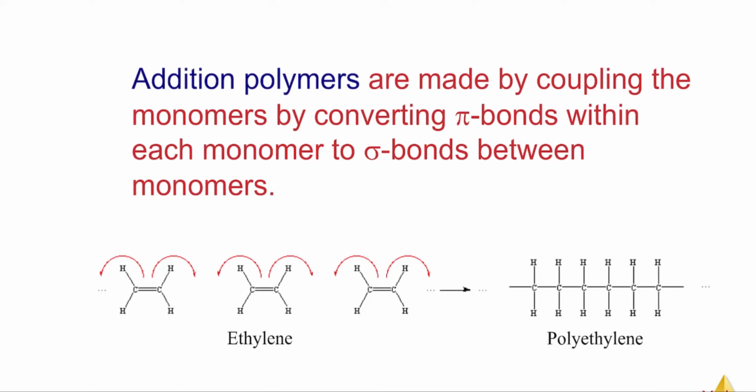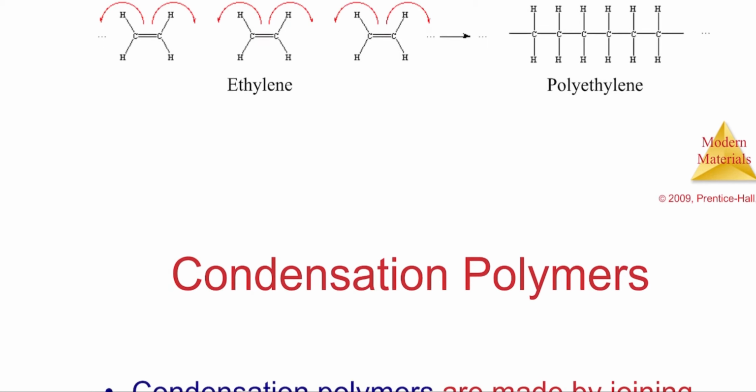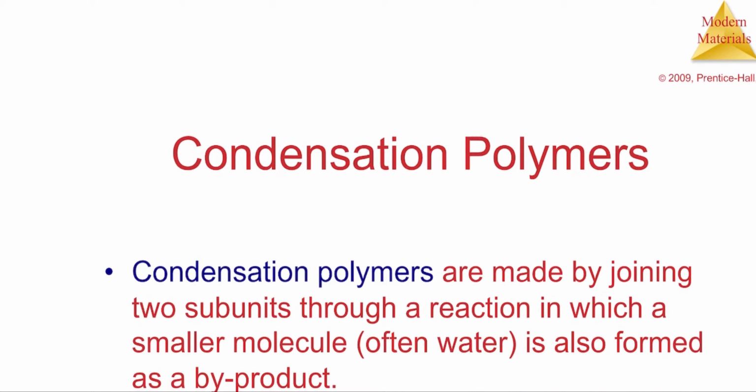You could make it into ribbons or into strings that then could join together. So you could have a polyethylene sandwich bag. That's what they're made out of. It's basically rope, tiny sticky rope. So when you're making single bonds out of double bonds, that's called addition polymerization.